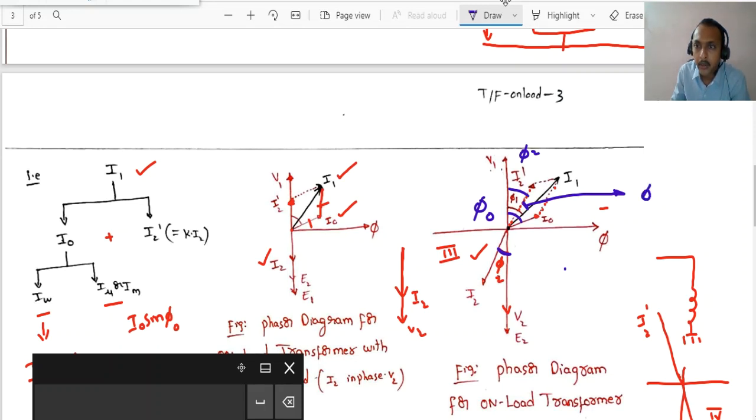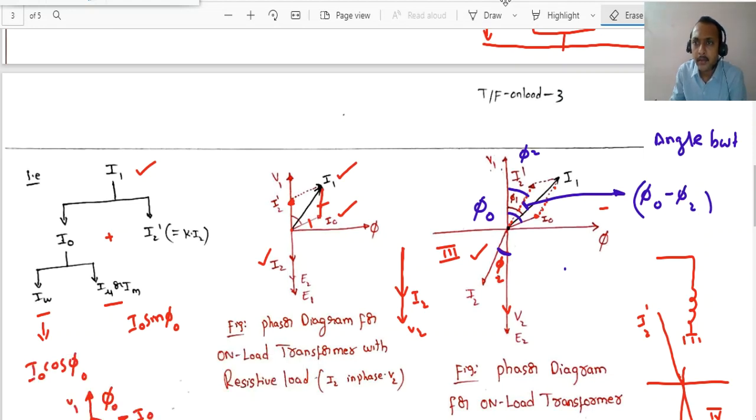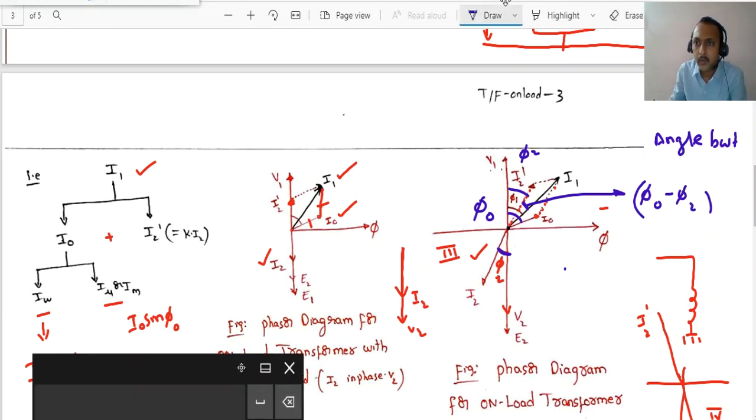If you take phi naught minus phi 2, we will get the angle between I2 dash and I1.